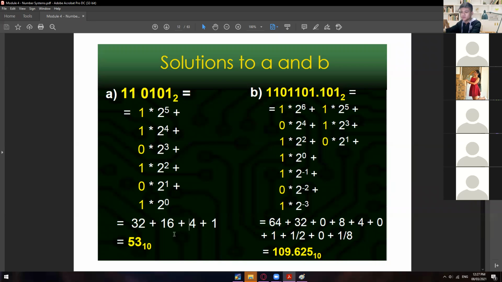And then 2 raised to 2. I guess we're missing the 8 here. So 2 raised to 3 is plus 8, so there should be plus 8 right here, and then plus 4 and then plus 1. And of course this one is 0 since it will be multiplied by 0. So 53 plus 8 is 61. So very good, Miss Jello.